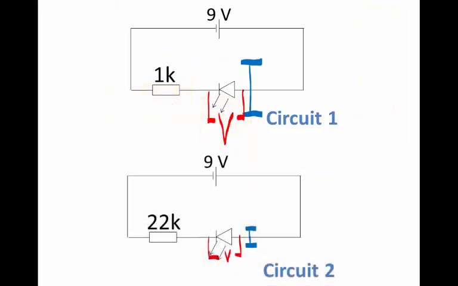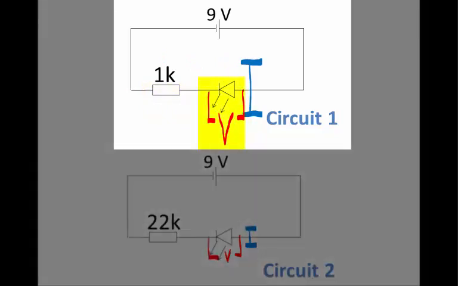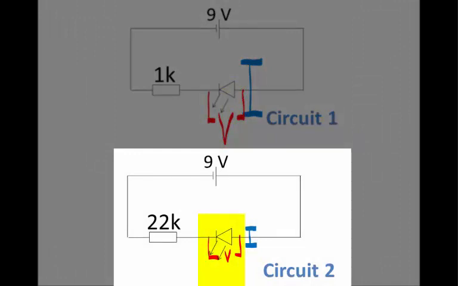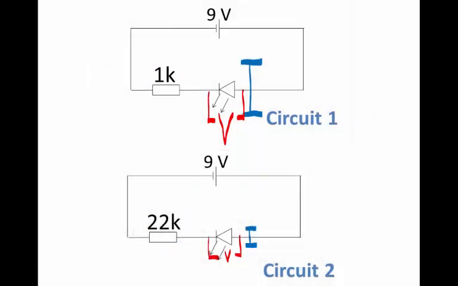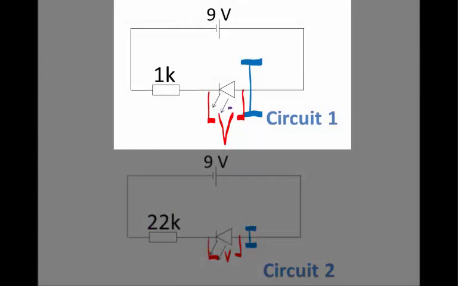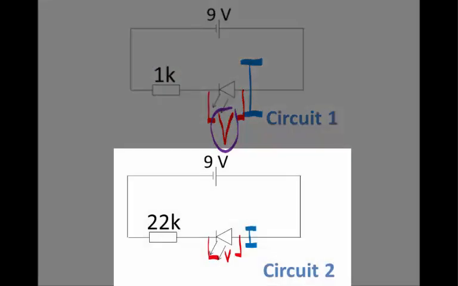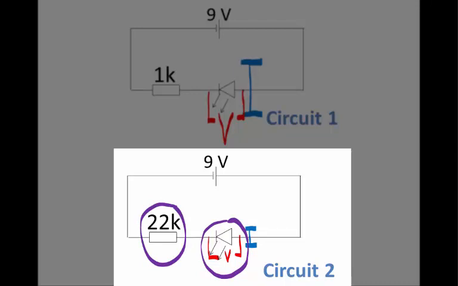So what have we seen from this? The potential difference across the LED in circuit 1 is greater than that in circuit 2, because circuit 2's LED is with a greedier resistor than circuit 1's LED is. And so in circuit 1, more of the voltage is given to the LED because less is taken by a greedy resistor than is the case in circuit 2. In circuit 2, not so much gets to the LED because the greedy resistor takes most of that which is supplied by the battery.